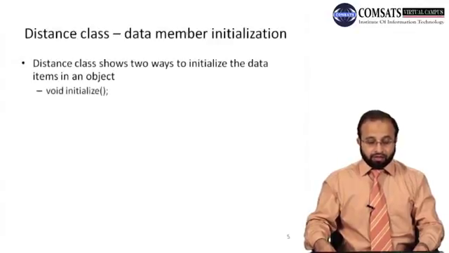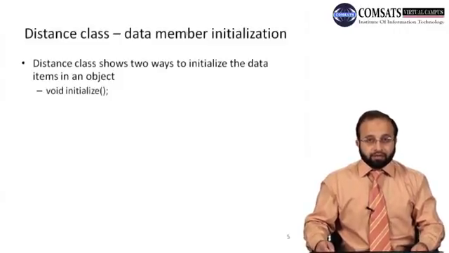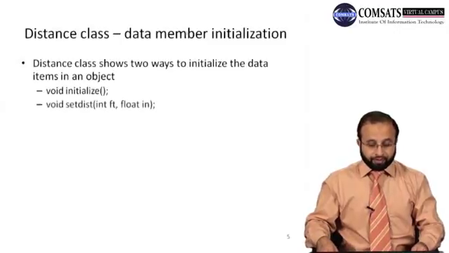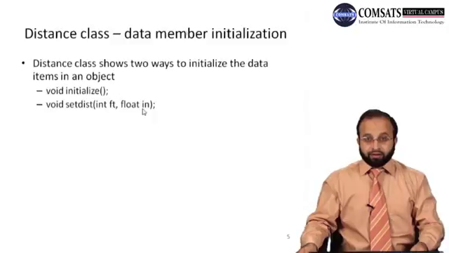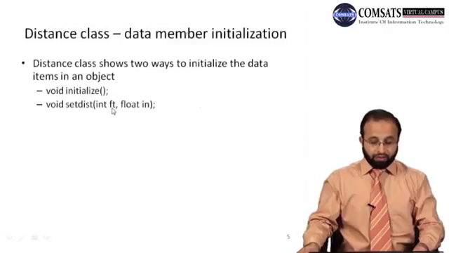One is by calling the initialize function, which initializes the private data members of the object with the value 0 when you call it. The other is the setDest function, which initializes the private data members feet and inches of the object of type distance with the values you are passing to the setDest function.